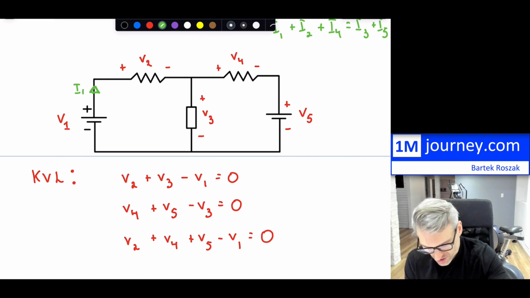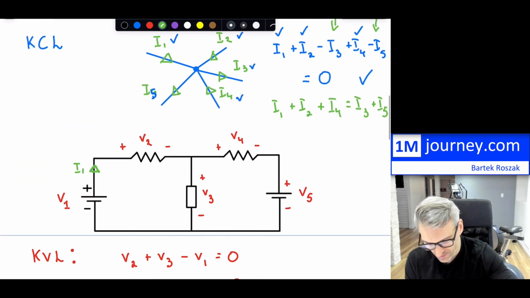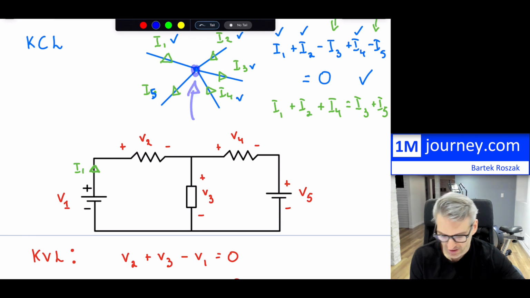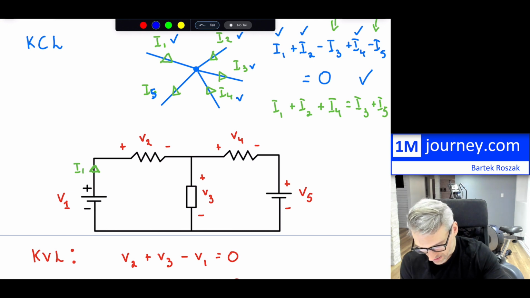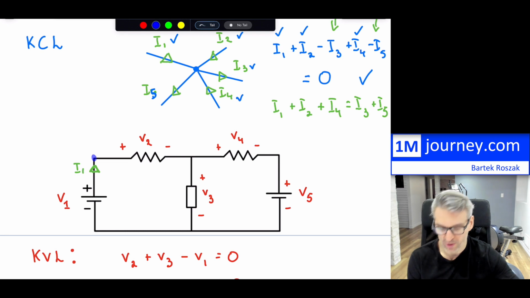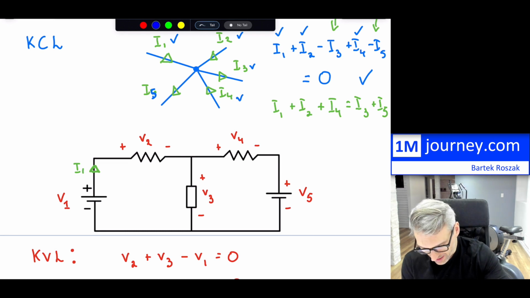Now the question becomes, what are these nodes, or these junctions that I have? Where can I find them? Very often when I started this, I would think that this is an actual node. Well, not really, because this entire thing right here is basically connected together.